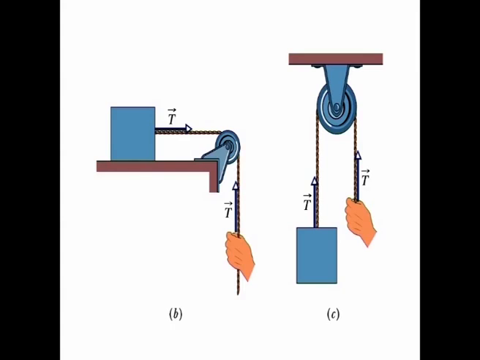It pulls on both bodies with the same force magnitude T, even if the bodies and the cord are accelerating and even if the cord runs around a massless, frictionless pulley as shown in figures B and C. Such a pulley has negligible mass compared to the bodies and negligible friction on its axle opposing its rotation. If the cord wraps halfway around a pulley as in figure C, the net force on the pulley from the cord has a magnitude 2T.